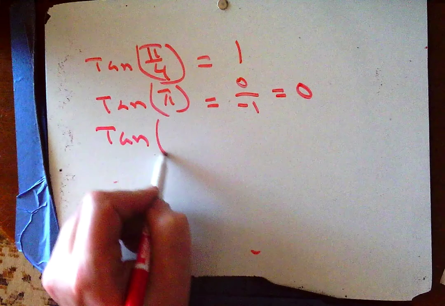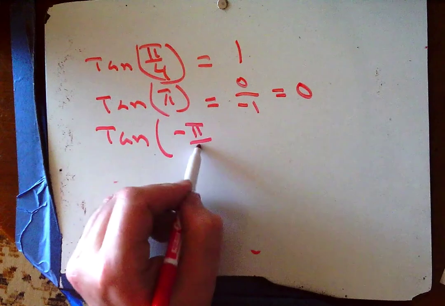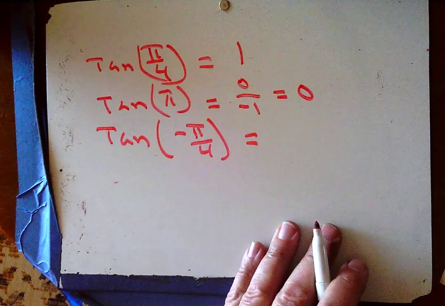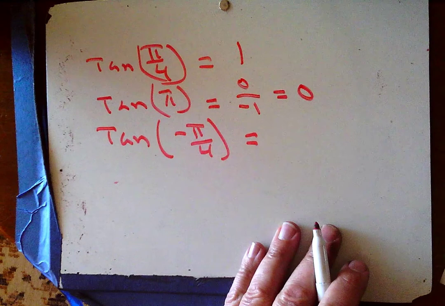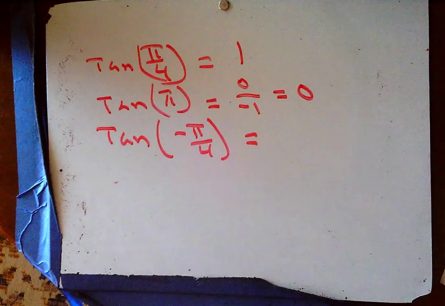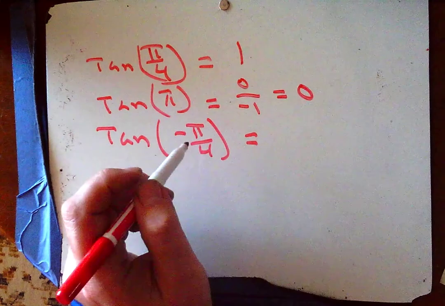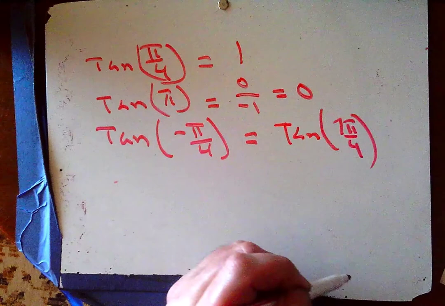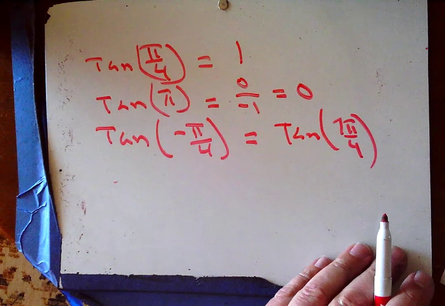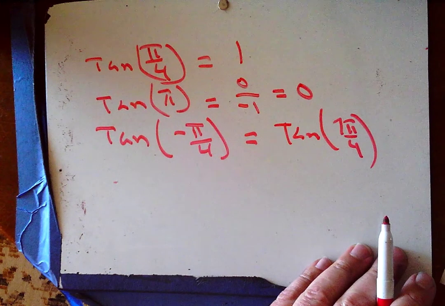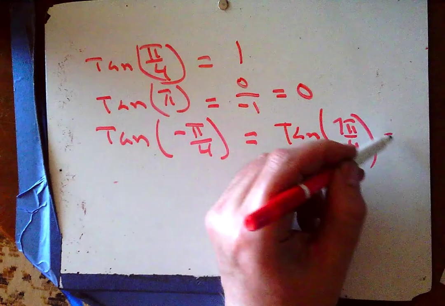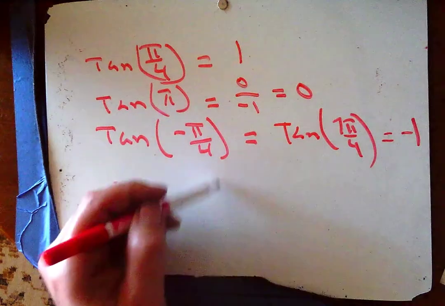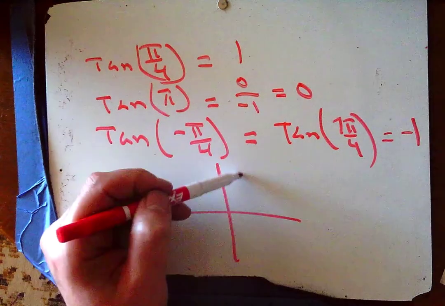How about the tangent of negative pi over 4? Ooh, the tangent of negative pi over 4. Negative angles. Yes, negative angles. So remember, negative pi over 4 is the same as tangent of 7 pi over 4. Does that help? 5, 4, 3, 2, 1. I get negative 1. Remember, all students take calculus.